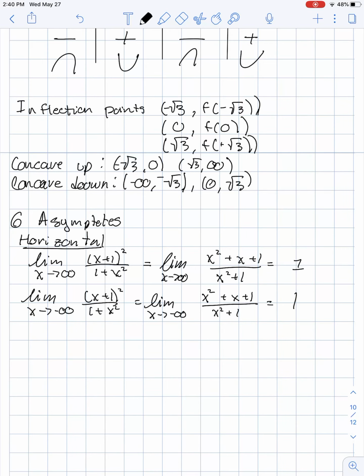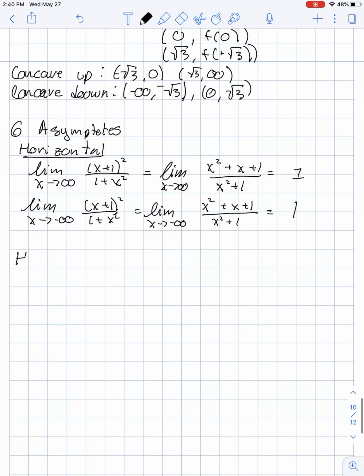Okay, cool. So we just have one horizontal asymptote at y equals 1. Okay.